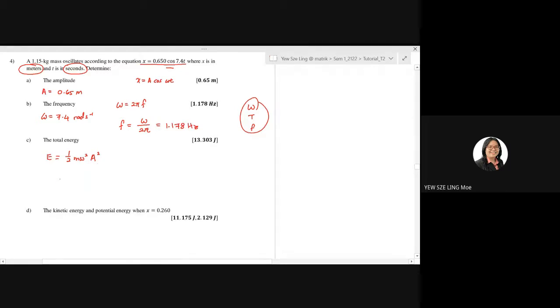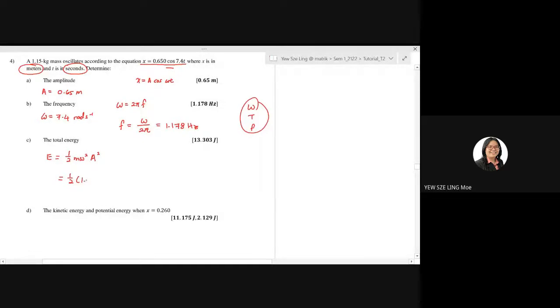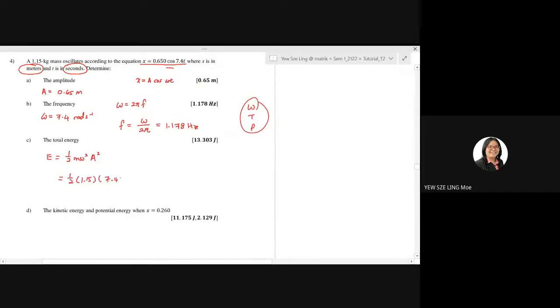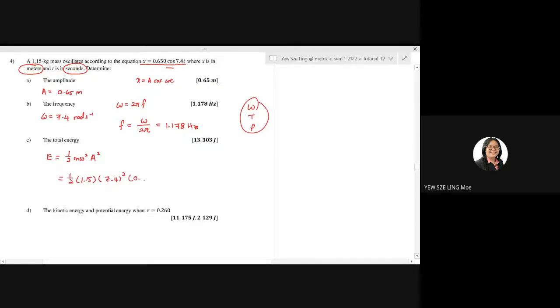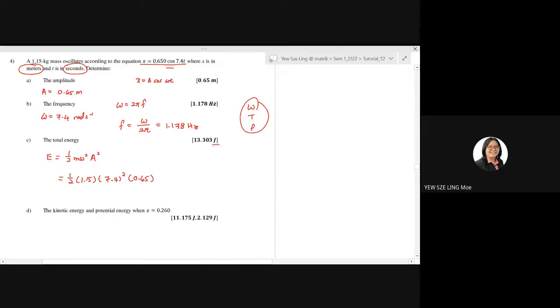So plug in the value, I have 1 over 2. Now my m is 1.15 kg. Omega, I have 7.4 squared. And then A given is 0.65. So for this question, you need to make sure everything is in terms of SI unit. Why? Because you want the answer in terms of joule.